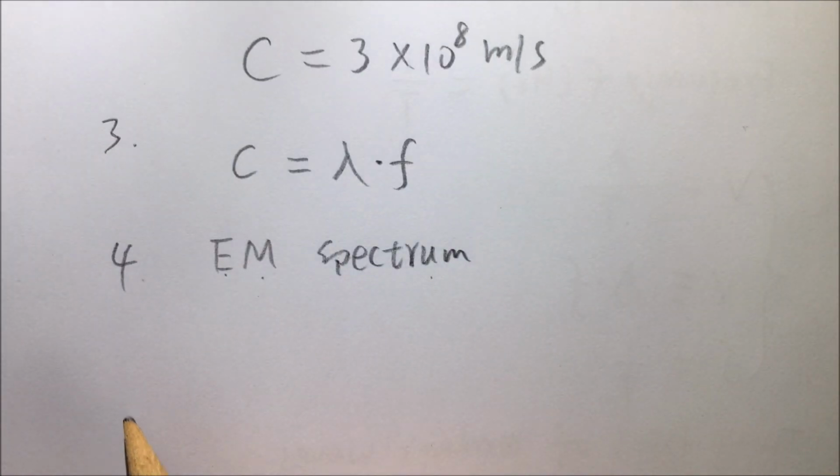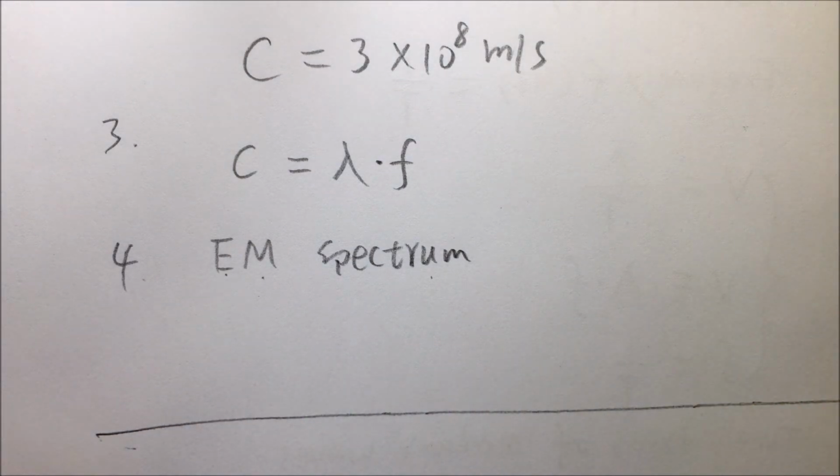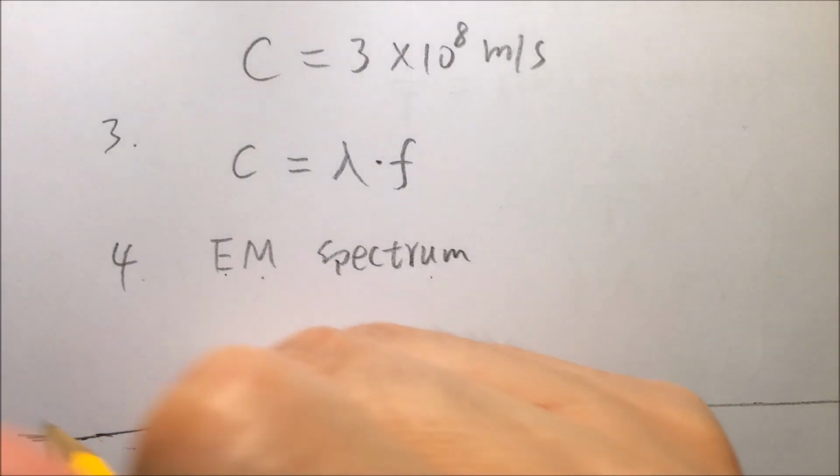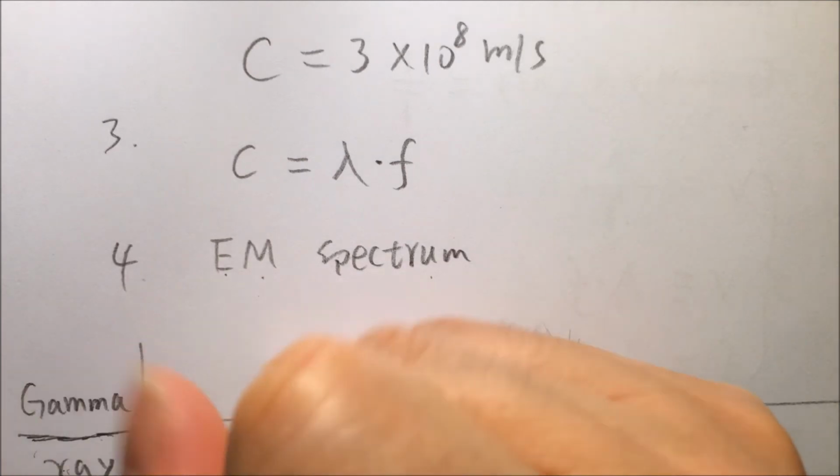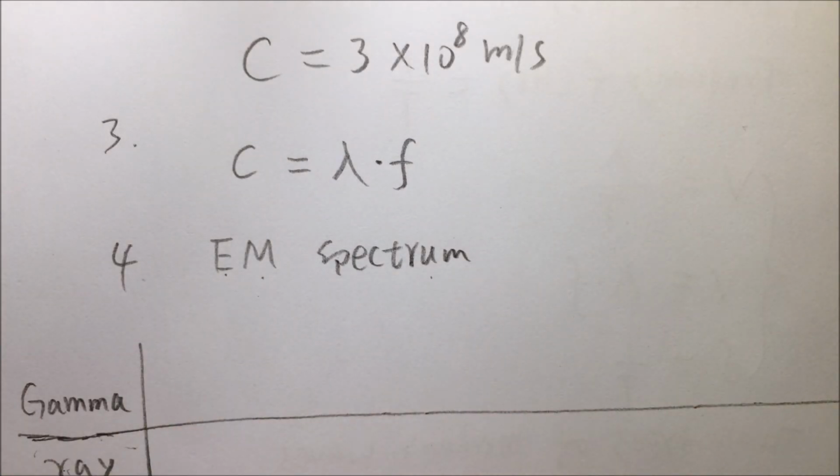So if you look at the electromagnetic spectrum in the full range, you're going to have from the highest frequency to lowest frequency, or from the shortest wavelengths to longer wavelengths. So if this is the wavelengths, you're going to first have gamma ray. That's the highest frequency or the shortest wavelength.